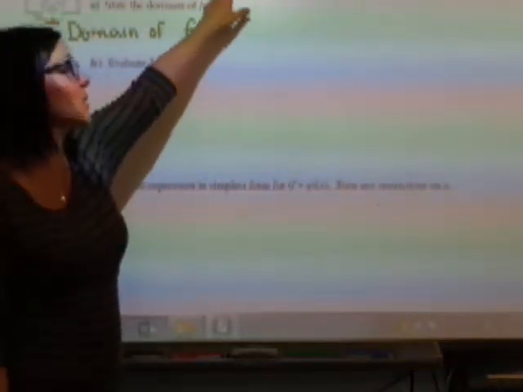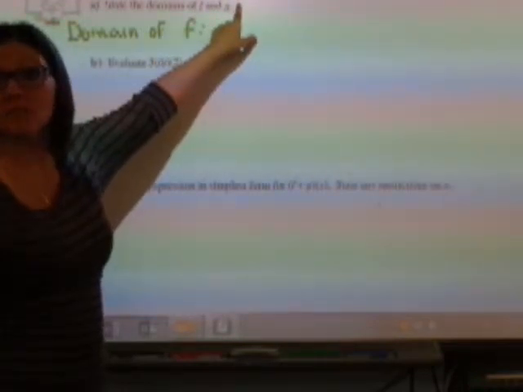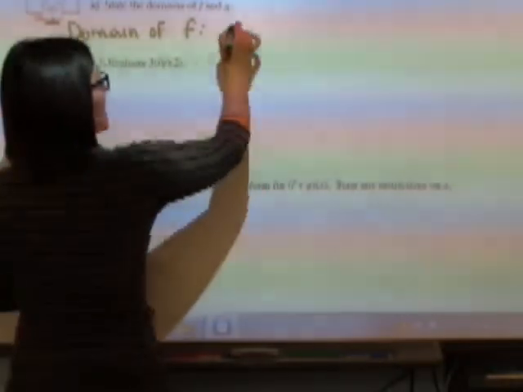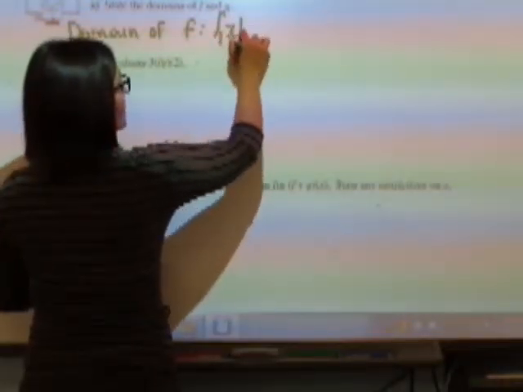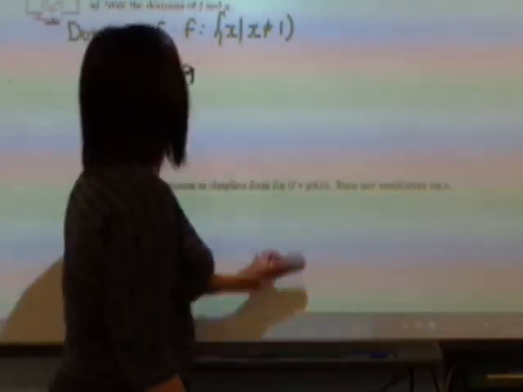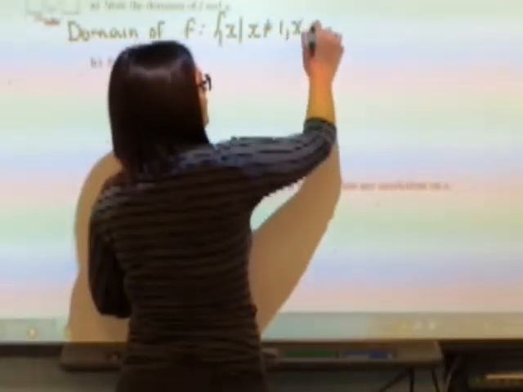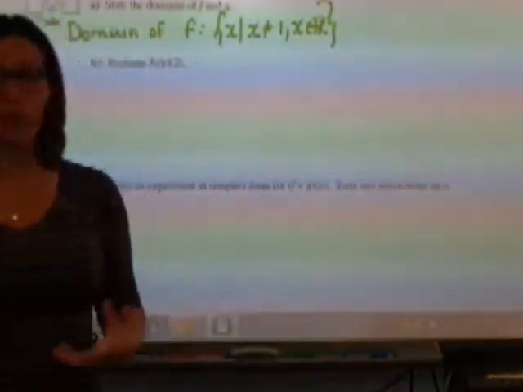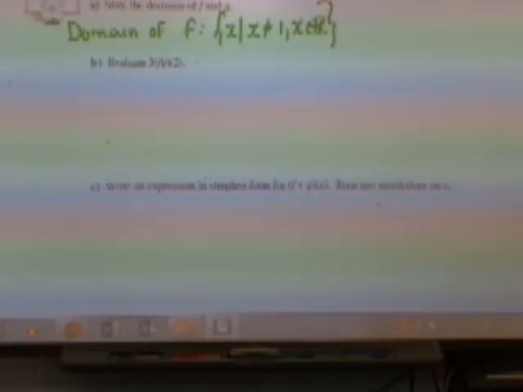So when is this going to equal 0? If x equals 1. So my domain is the set of x values such that x can't equal 1. But it could equal anything else. So it could be an element of the reals. That would be my domain for f of x.